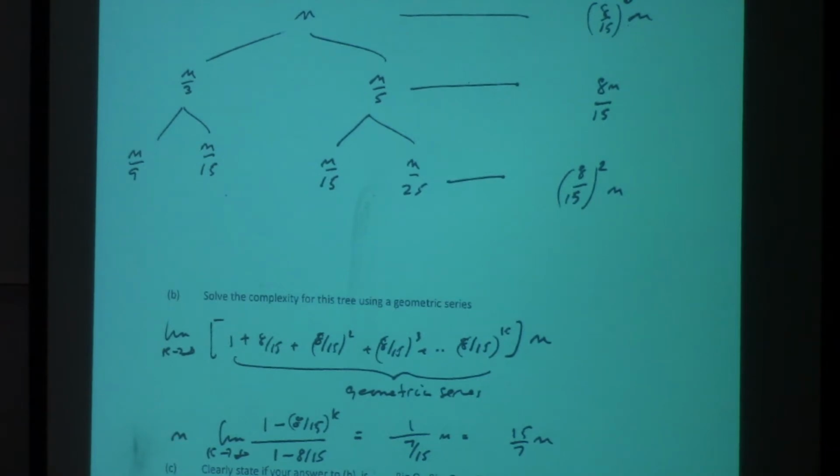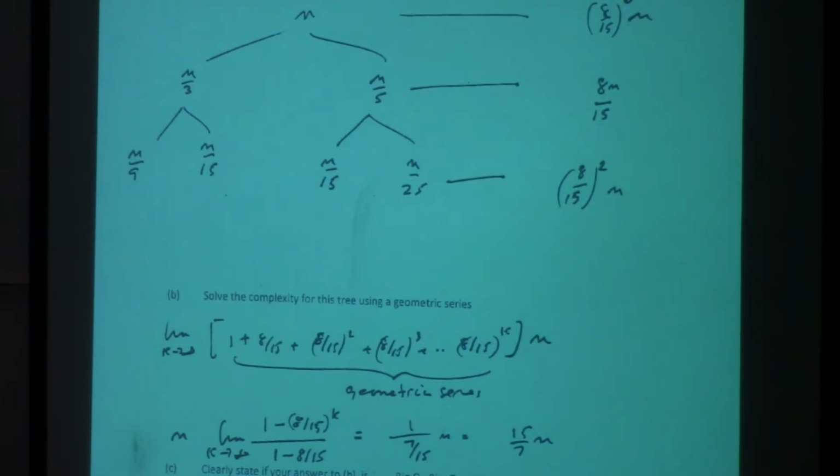You still have this n. So if this tree was going to go to infinity, an infinite number of depths, then the amount of work being done altogether would be 15/7 n. Which means if this tree were to go to infinity in terms of height, we would have a linear amount of work. Is that correct?